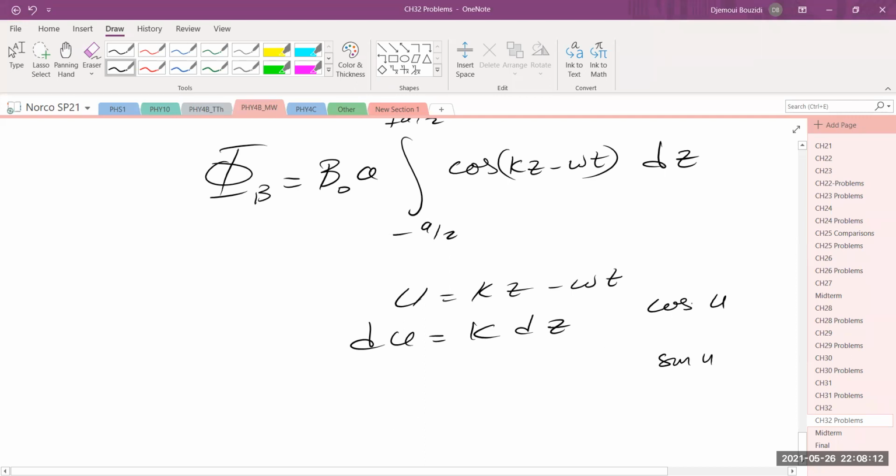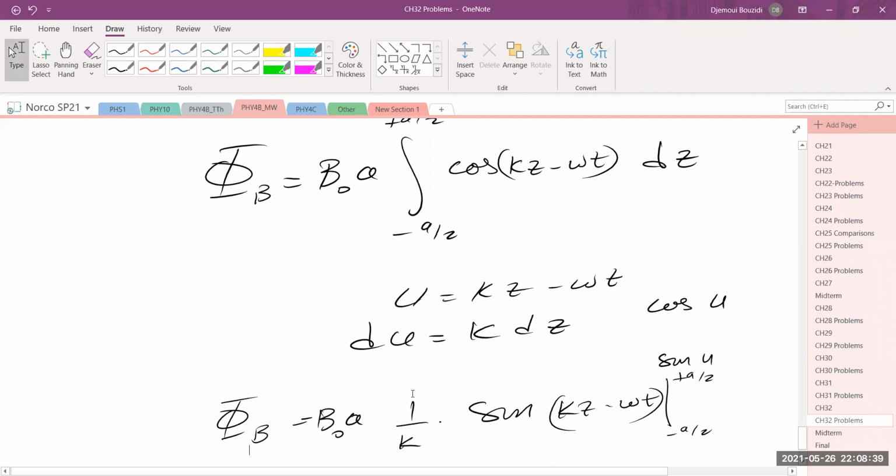So the integration in here will have a 1 over k, because it's coming from this expression for the dz. So it's going to have 1 over k times sine of u, and sine of u is kz minus omega t. And the boundaries of integration are actually from negative a over 2 to positive a over 2. And what is that? So times B naught A, and this is equal to phi B.